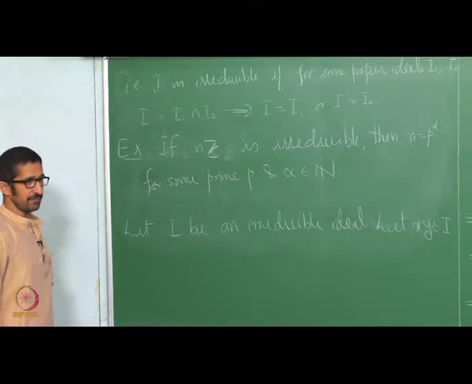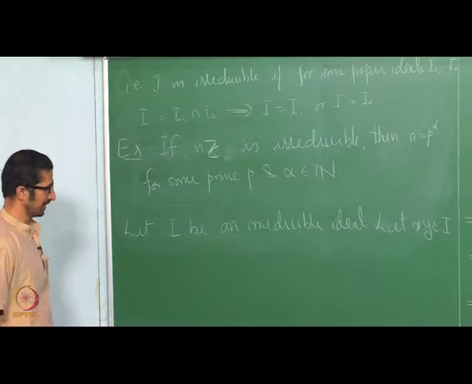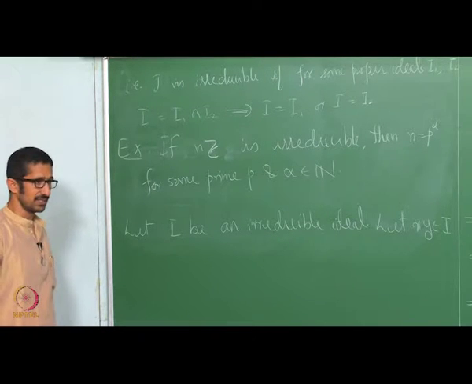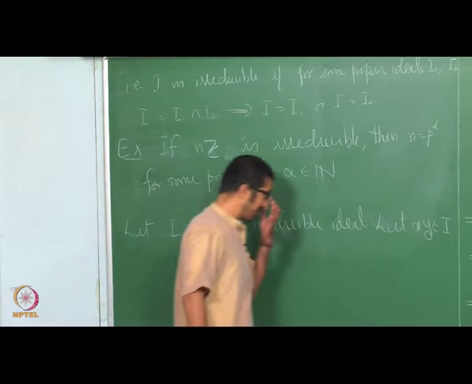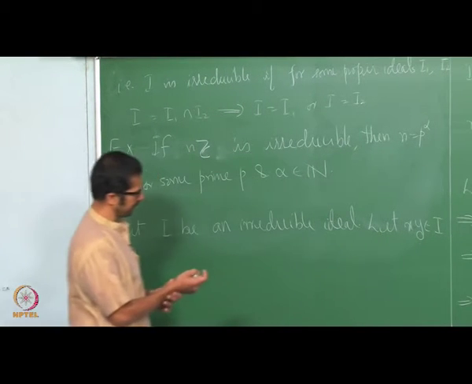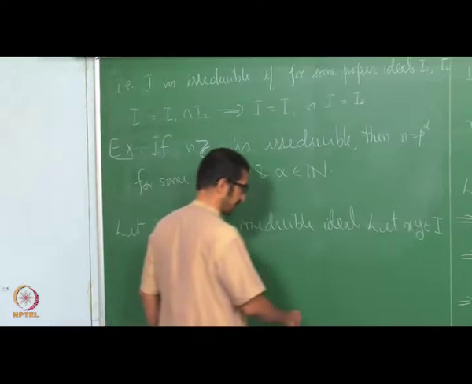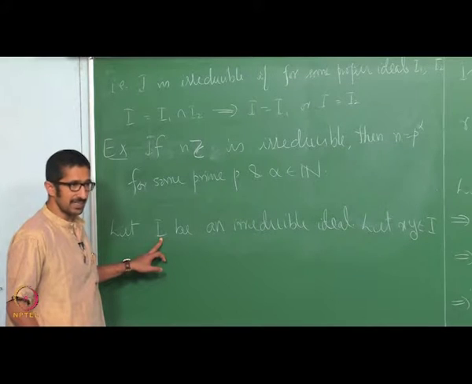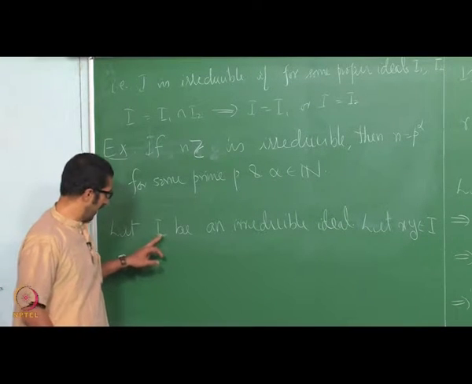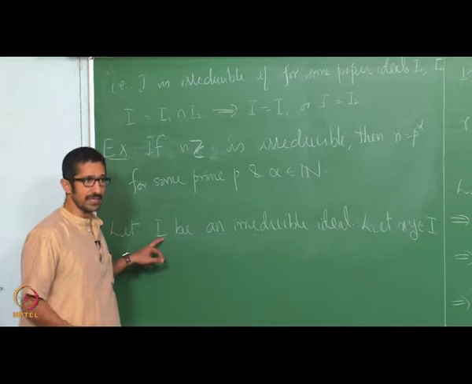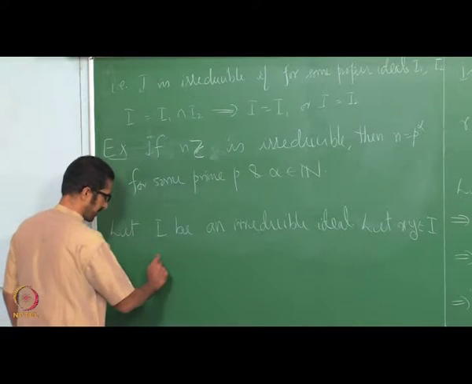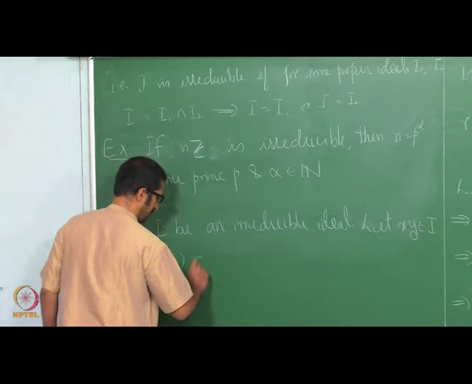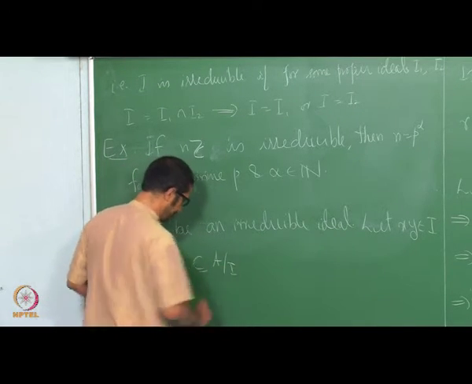I want to see whether I is primary or not. One way to do this, slightly easier to handle the situation, is this: we are looking at an ideal I in A. I is irreducible if and only if 0 is irreducible in A mod I, right.